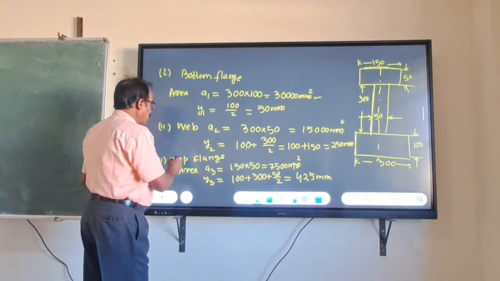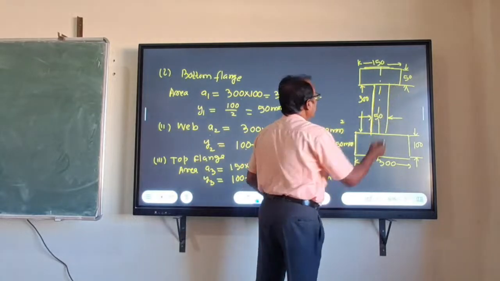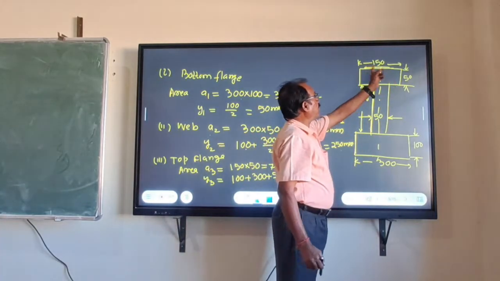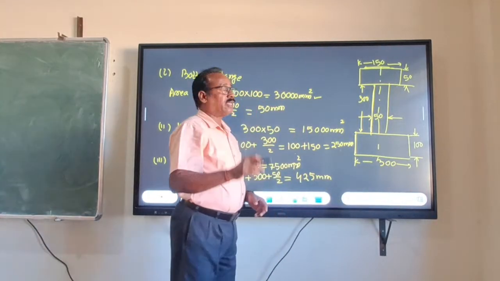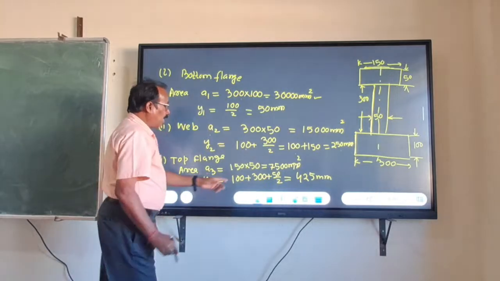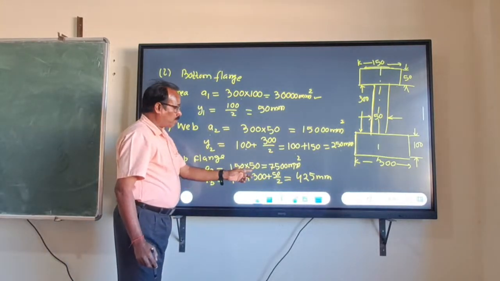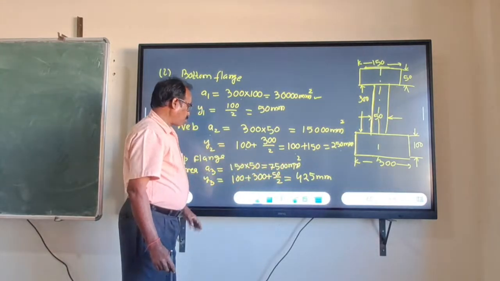Then, top plane. The length is 150 and the width is 50. Therefore, A3 is equal to 150 into 50, which is equal to 7500 mm square.